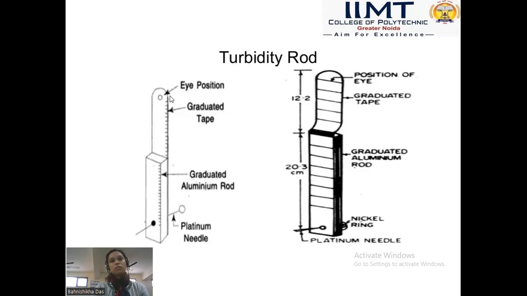Depending on the turbidity of the water, we keep on inserting the rod until we no longer see this needle. As long as we see the platinum needle, we keep inserting the turbidity rod into the water.